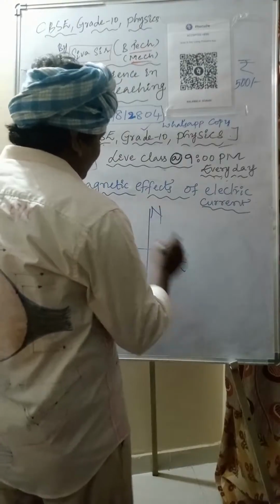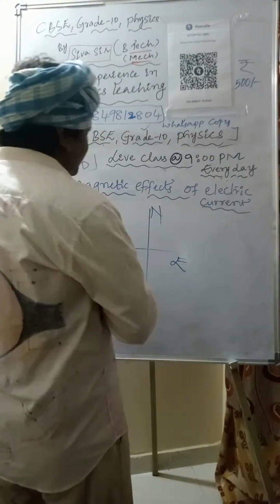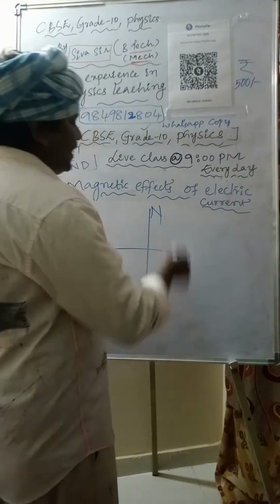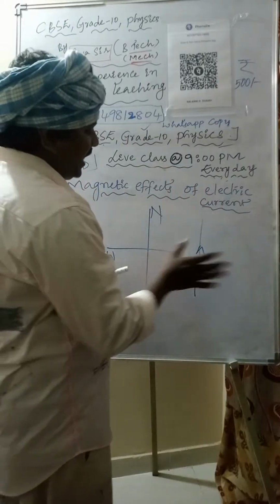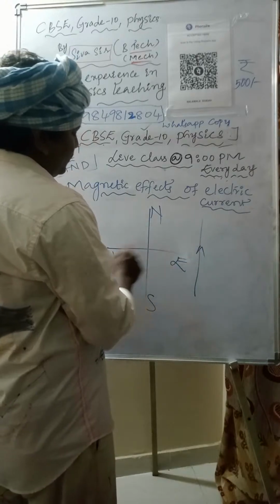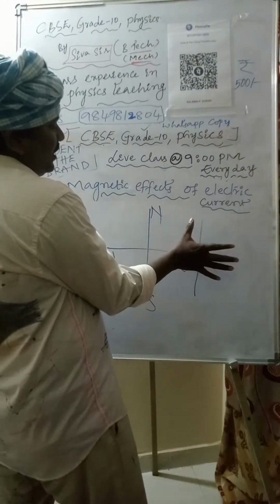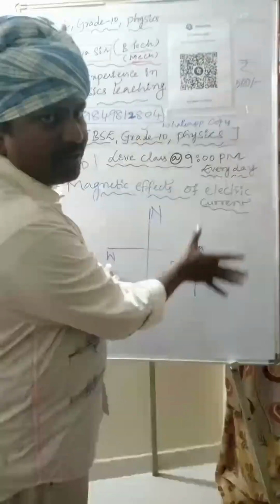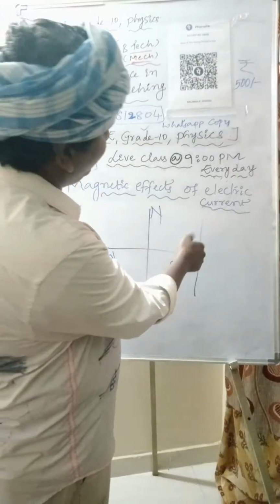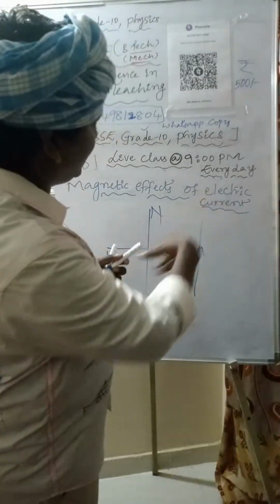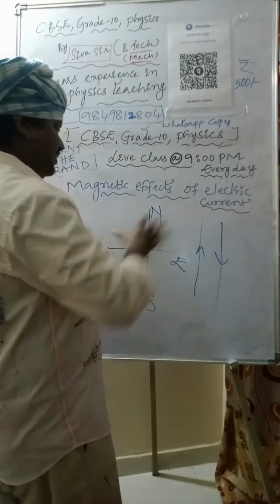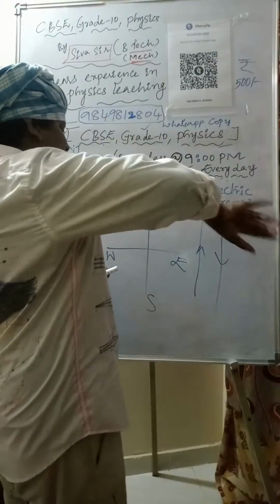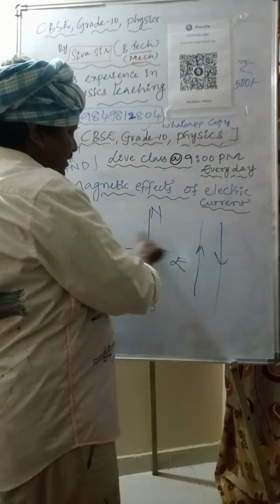If the current is passing in the upward direction, the magnetic field will be from east to west. If you are taking the current in the downward direction, the magnetic field will be west to east.